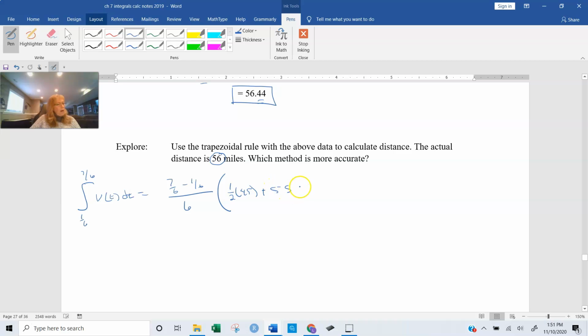So you're 55, you're 52, you're 60, you're 64, you're 58, and then half of the last term again. If you type that all into your calculator, you should get 55.83 miles. So in this instance, the Simpson rule is better than the trapezoidal rule.